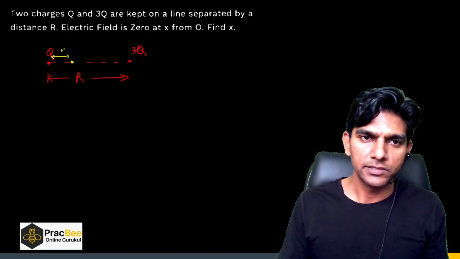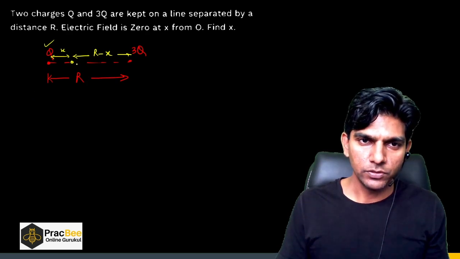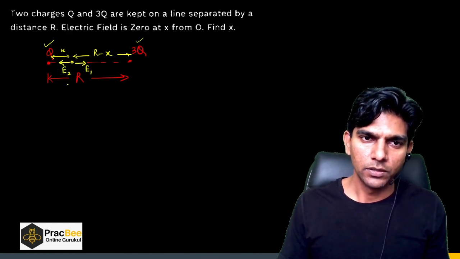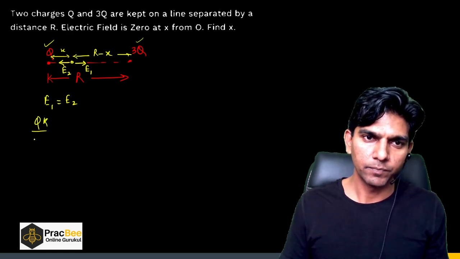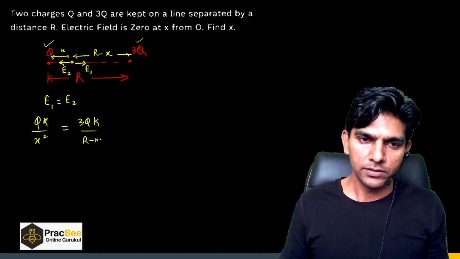So this distance, let us take it as x, and this is r minus x. Now due to this plus q, the field will be in the right direction. Let me call it E1, and due to this 3q, the field will be in the left direction. Now this E1 should be equal to E2. So qk by x square should be equal to 3qk by r minus x square.